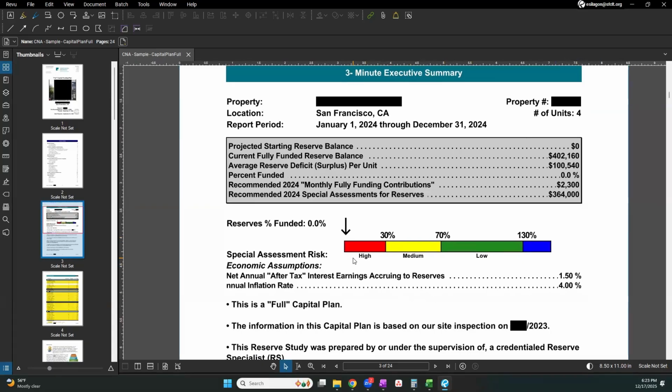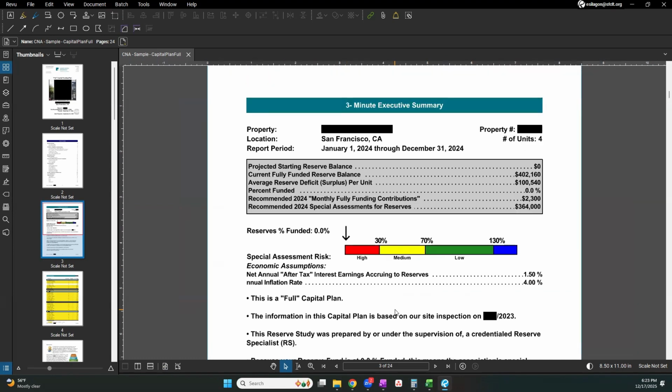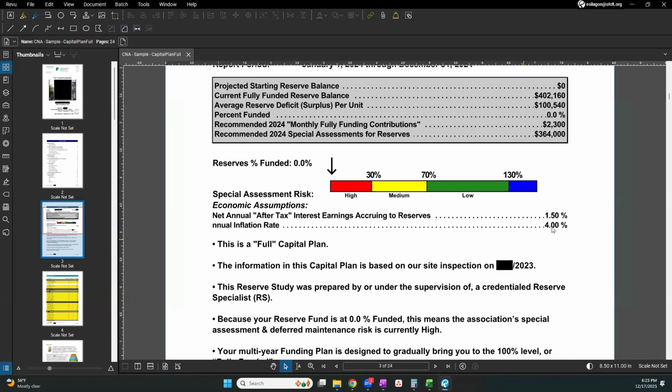Because it's not funded at all currently, this is a high-risk property right now. Some assumptions that they make throughout the report: they assume that the interest on our reserves will accrue at 1.5%. And then they are assuming that our annual inflation rate over the next 20 years is going to be 4%.